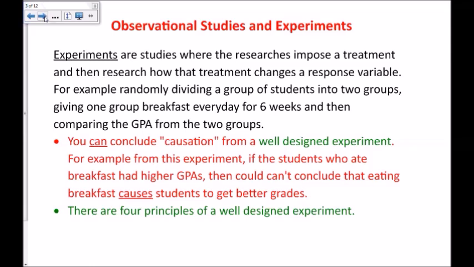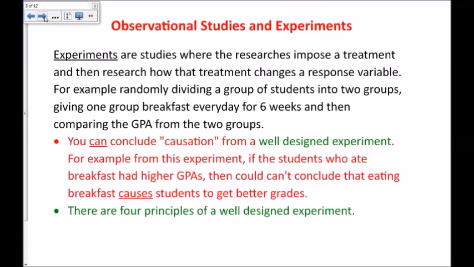You could randomly divide a group of students into 2 groups using randomization. Okay, so randomly into 2 groups, give one breakfast every day for 6 weeks. And then you compare that group with the other group at the end of 6 weeks and see if there's a difference in GPAs between the 2 groups, okay, or a difference from before and after the experiment.